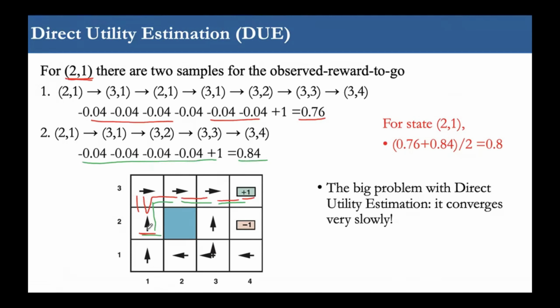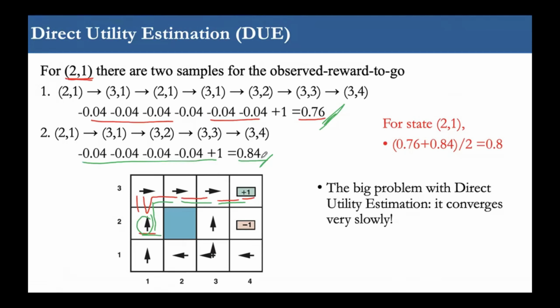So in this case, from the state 2, 1, we get two different total reward values, or observed reward to go. We are getting two different values based on different paths. Similarly, we will be getting multiple paths, and then multiple values. So what we need to do is take an average of it.